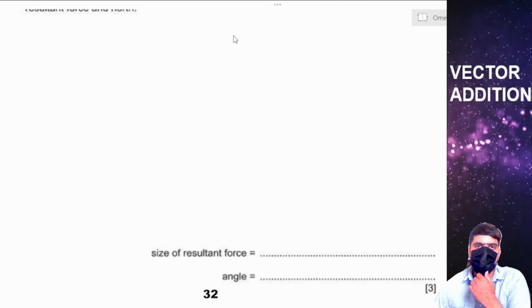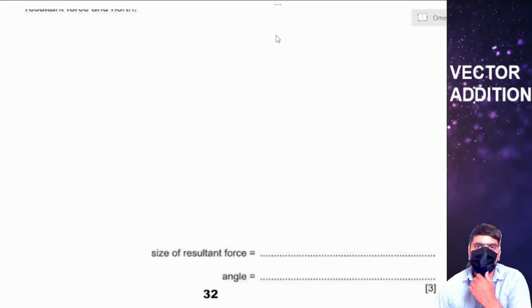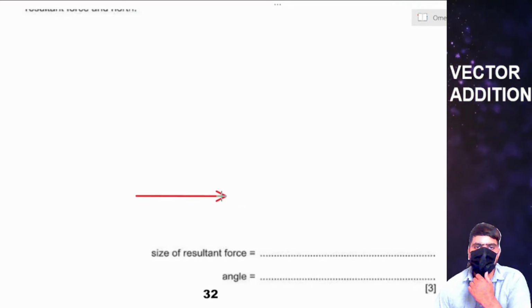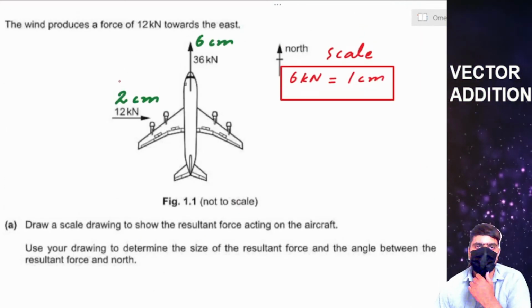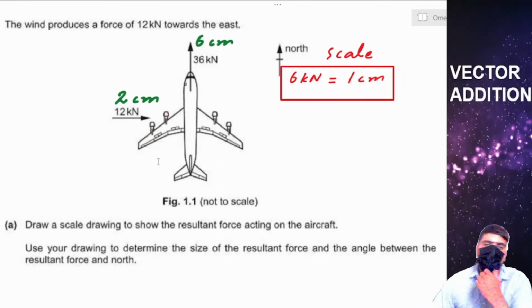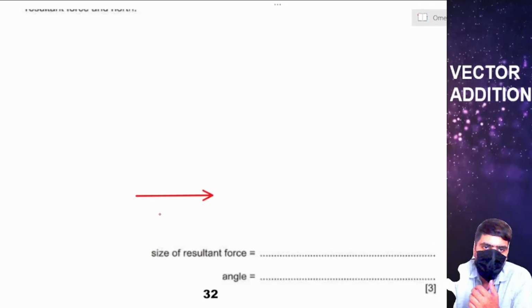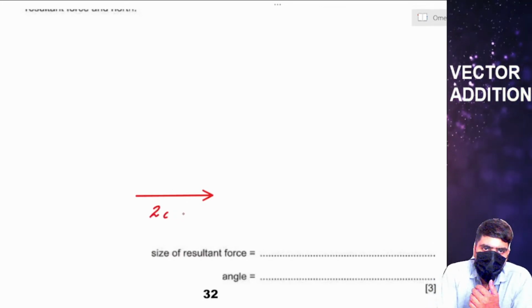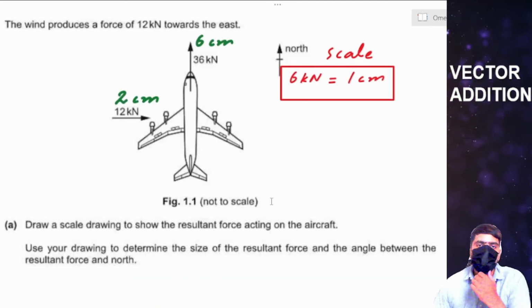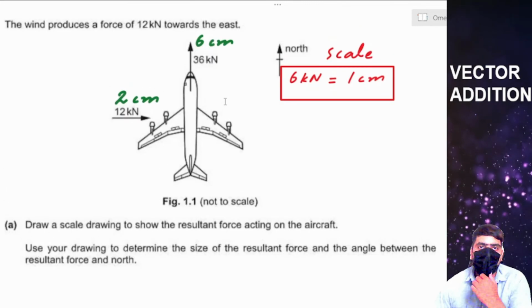First I'm going to draw the line that is 2 centimeters towards east, which is representing this one, 12 kilonewtons. This is 2 centimeters.